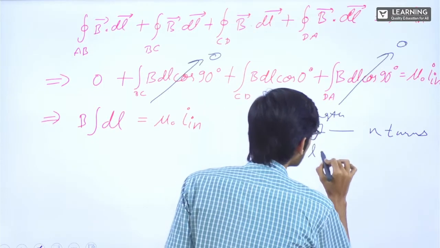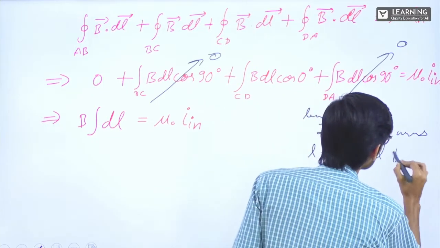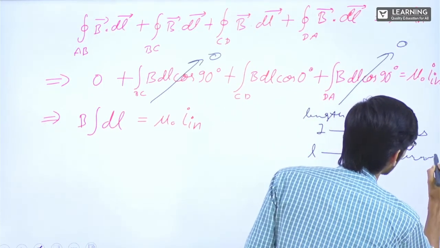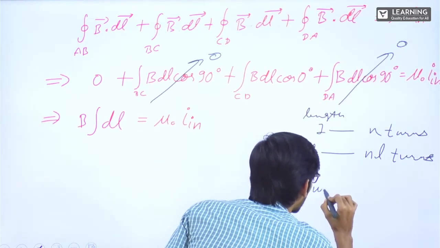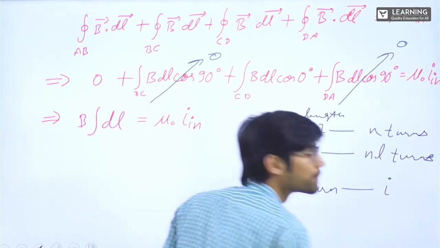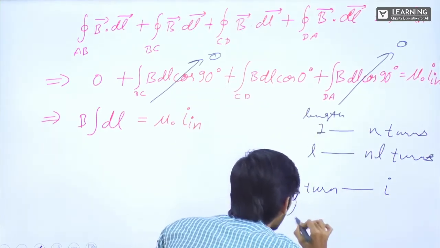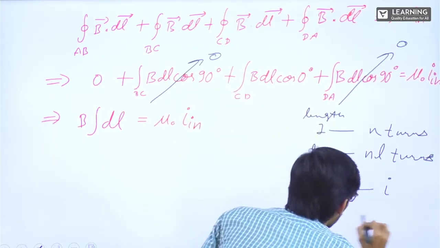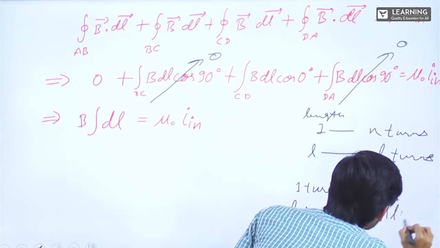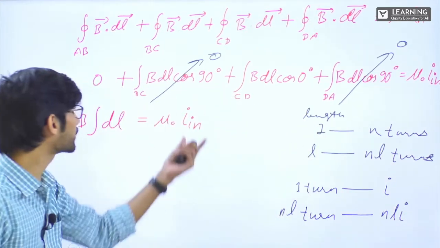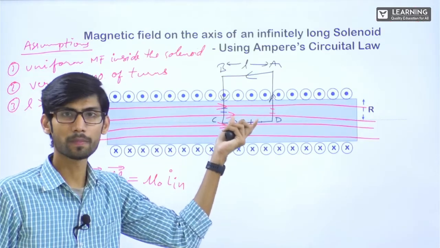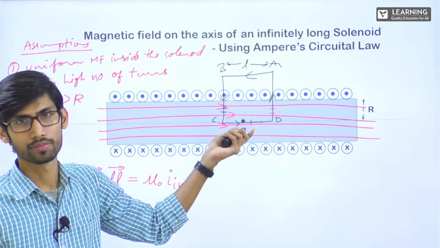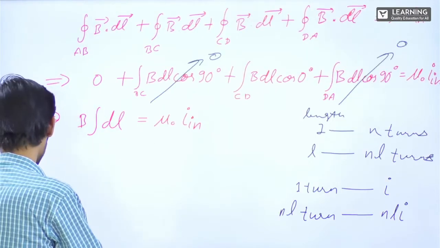In one turn, current is I. So in nL turns, current is nL into I. So here this I inside is, how many turns are there inside? Small n into L. So nL into I will be the I inside.